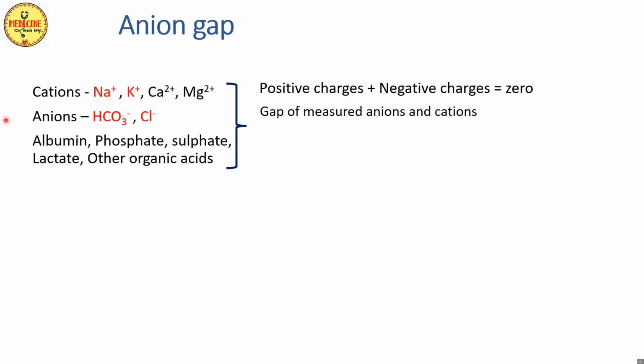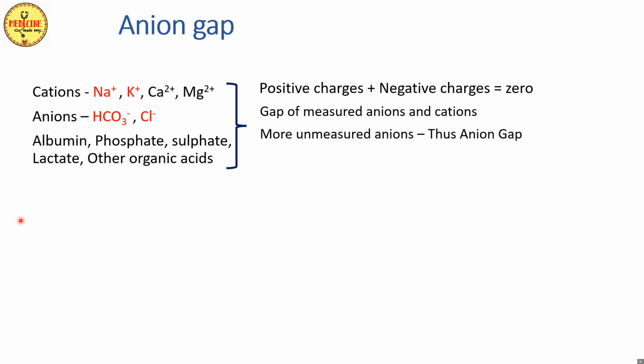So you can see that there are ions that could be measured as well as ions that cannot be measured. So there is a gap between the measured anions and the cations. And you can also see there are more unmeasured anions than cations. So we call this gap an anion gap.